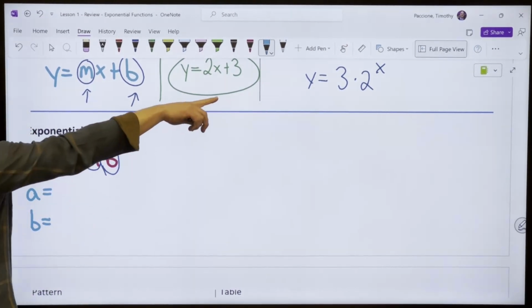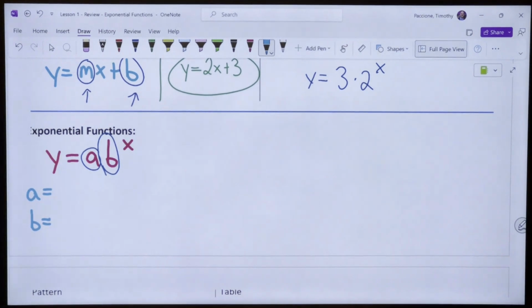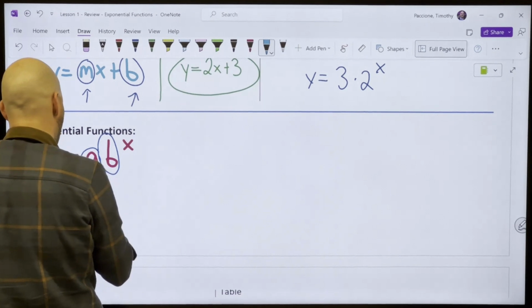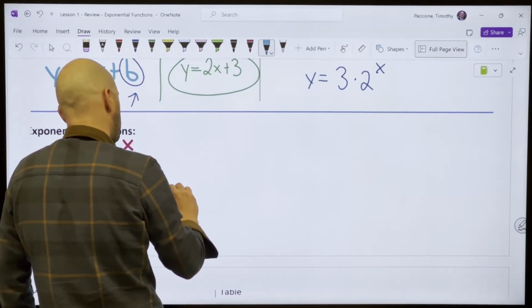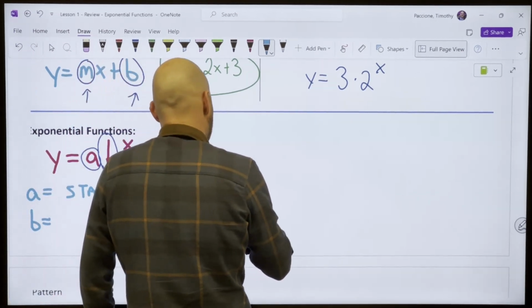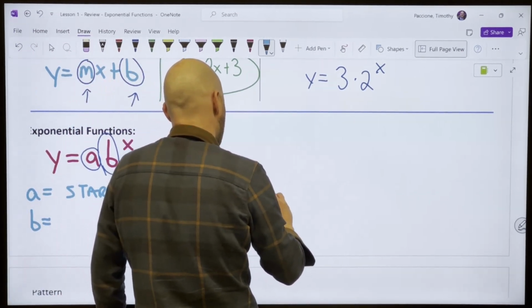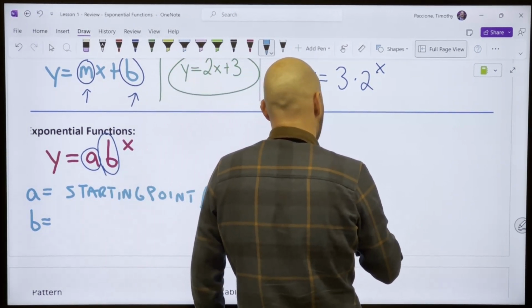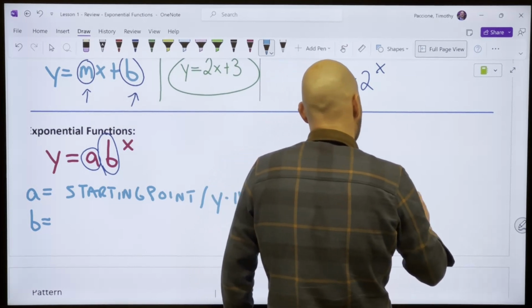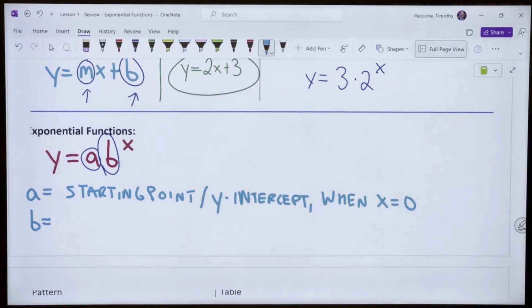Now, look at our example. What was our a? Our a was 3. What was that, though? It's our starting point and our y-intercept. And our y-intercept happens when x equals 0. Now, interesting. Whenever x is 0, our y will just be a.